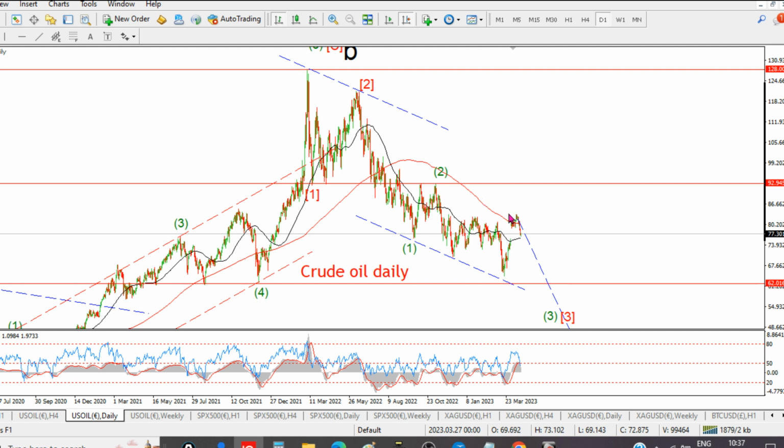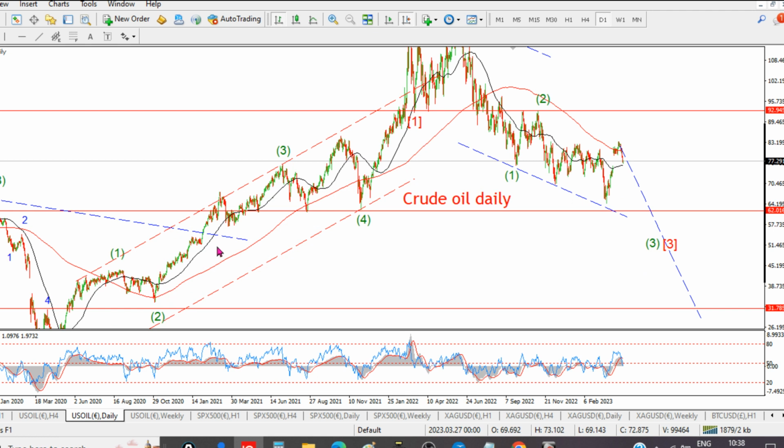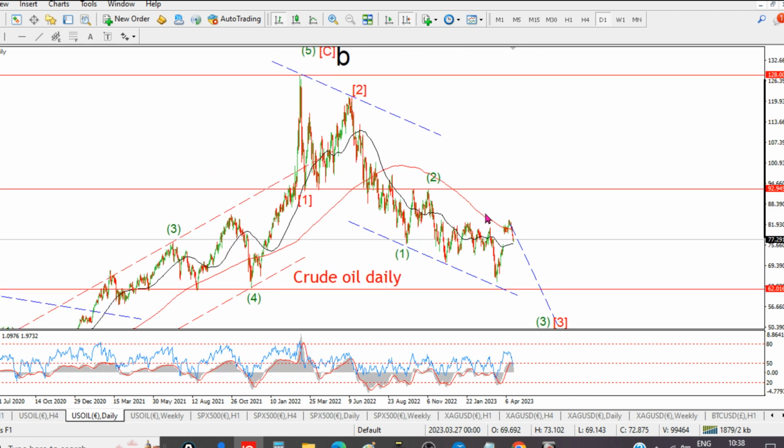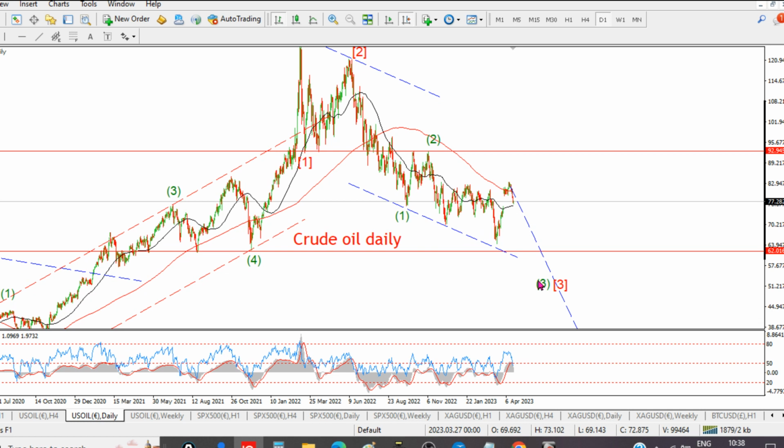We've got a rejection at the 200 MA all the way up in crude oil. The 200 was serving as a support, and now it's serving as a resistance. So something is happening here that should be taken note of.